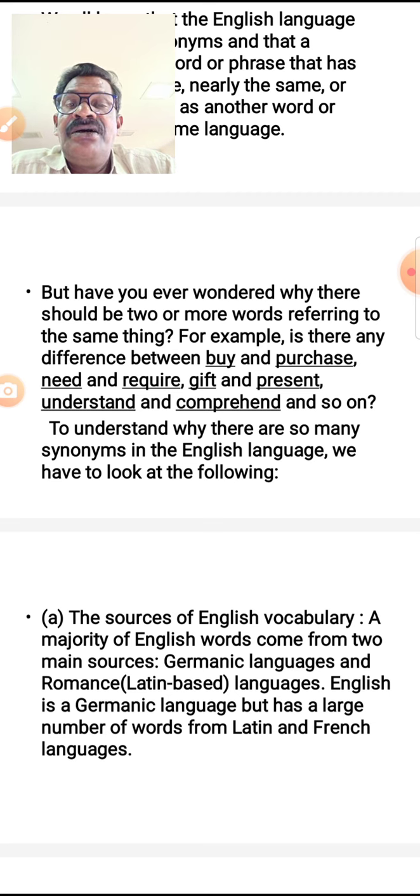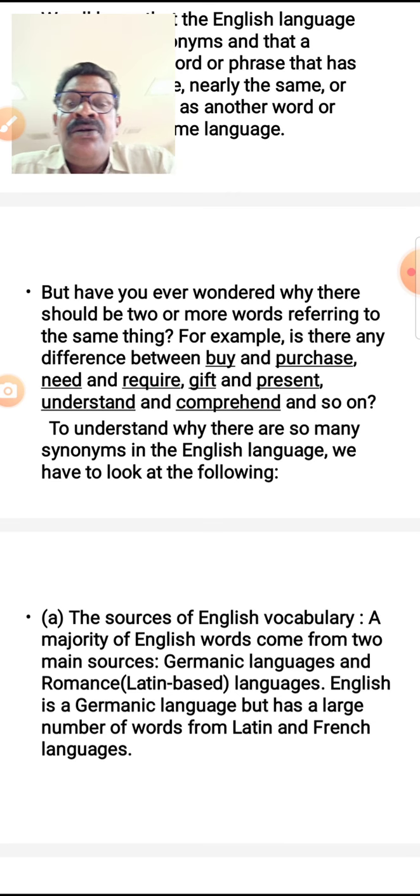And need and require, and then next gift and present, then next understand and comprehend, and so on. So there are a number of words in English language which seem to be similar, but they are not supposed to be used unless the context is needed, right?